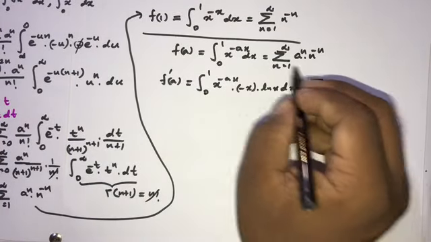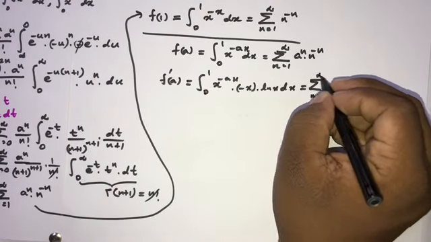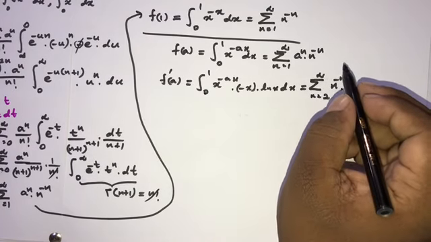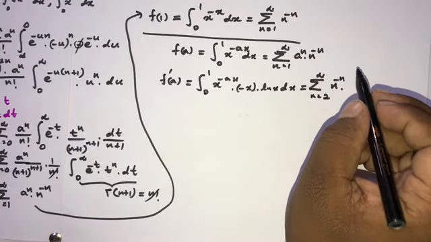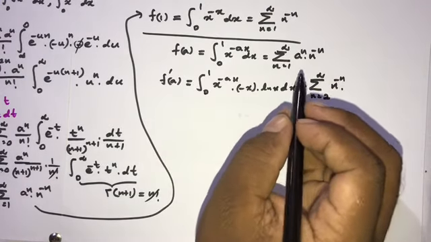Now here this side n is equal 2 to infinity n to the minus n. Sorry, here I made a mistake, sorry again.